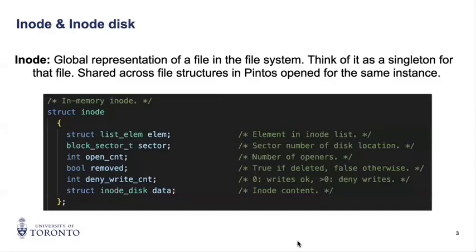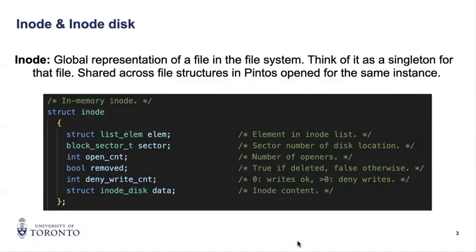An inode is a data structure that represents a file in the file system. But unlike the file structure you have used in user programs, it is a singleton instance. So what I mean is whenever you open a file structure, either in the same process or a different process, that file is associated with this particular singleton instance.